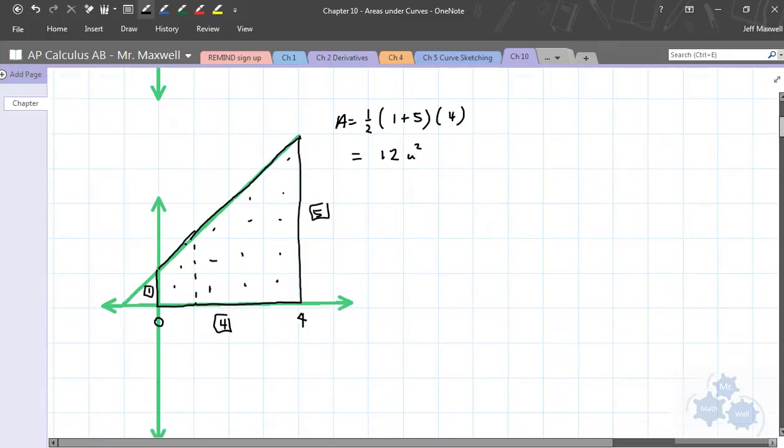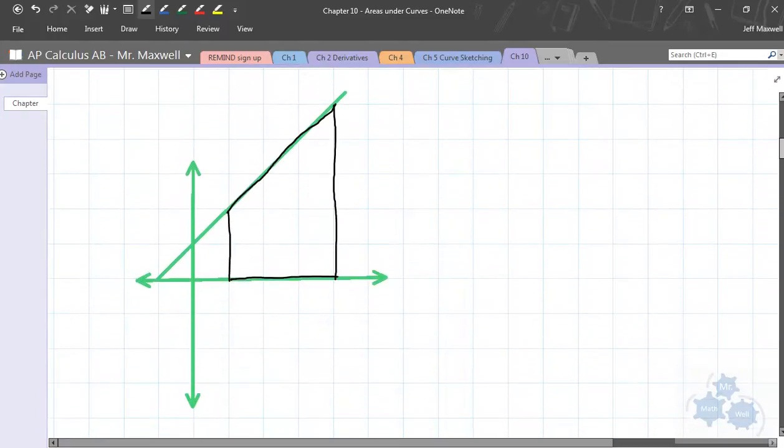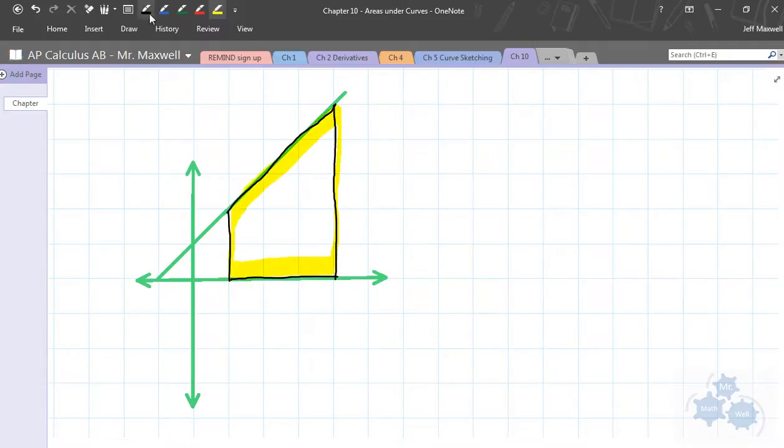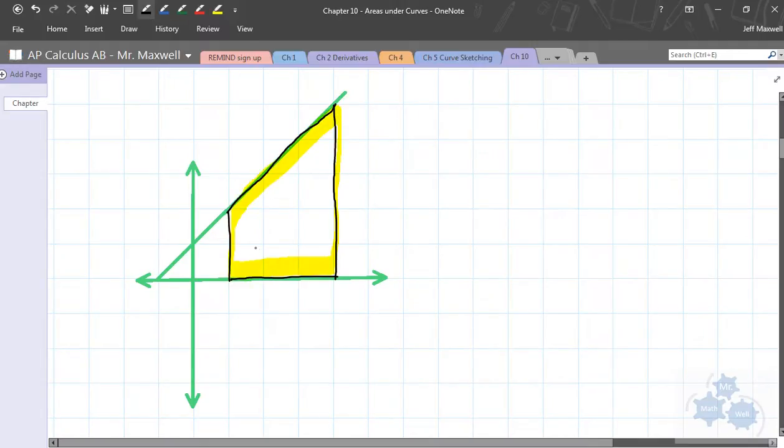The third example I'm going to show you here is this one. Now I want you to notice that the area that is enclosed here is another trapezoid, and I'm just going to quickly count the area instead of doing the formula. So it's 1, 2, 3, 4, 5, 6, 7, 8, 9, 10.5. Okay, so the area is 10.5 units.